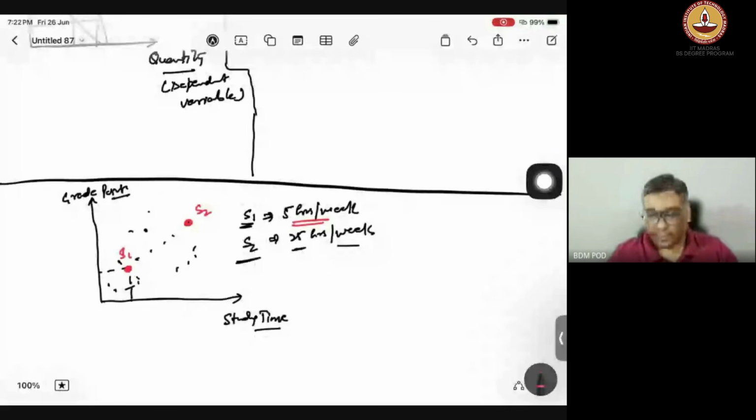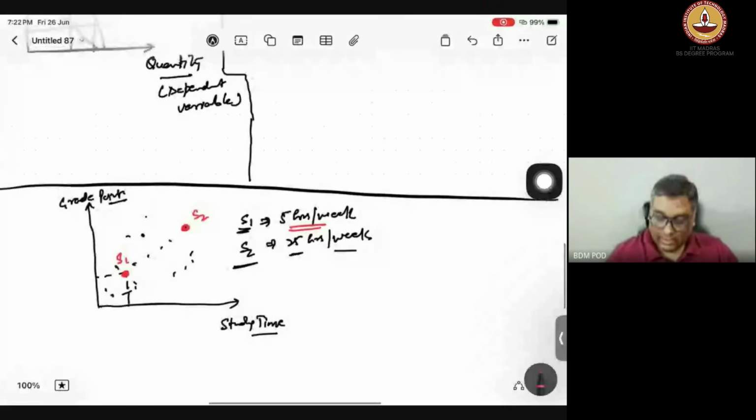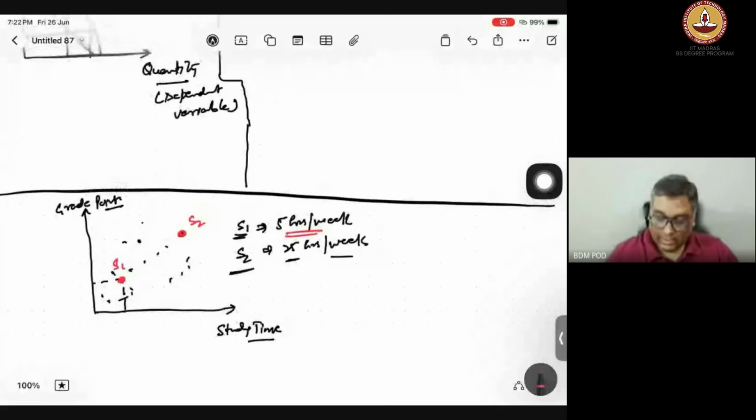But S2 is investing a lot of time in studying, so he will get good grades. We are discussing probabilities, possibilities. The possibilities of getting good grades are more in the case of S2 because he is investing more time.